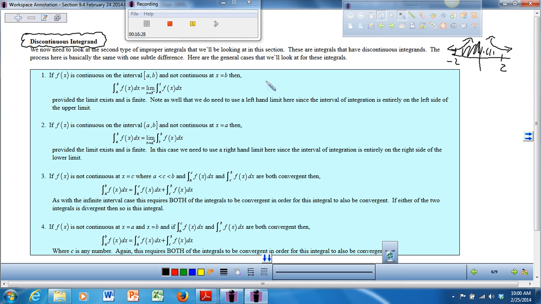All right? So we'll talk about, I guess we'll talk about all 4, but the first 3 are the most important. The first situation is when we have the integral from a to b, and we are not continuous at b. So this is what I want you to write, not continuous at b.